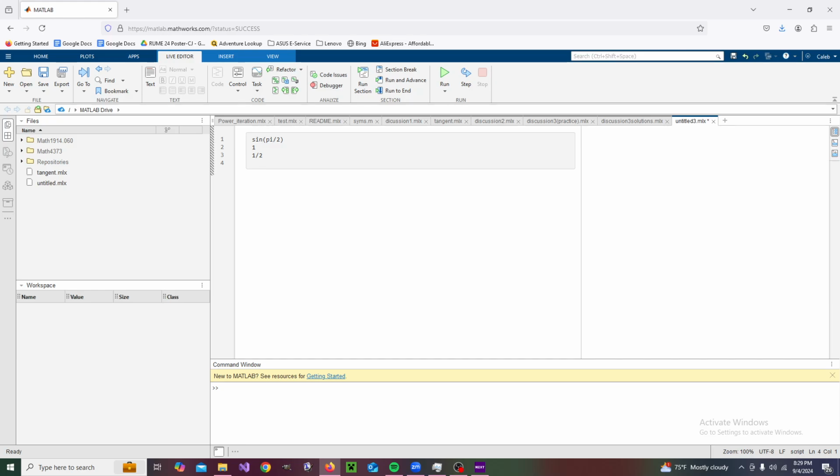Type some other stuff in, hit enter. Now, in this MATLAB environment, these lines of code, instead of you doing one line at a time, you're kind of giving it all the instructions at once. You're saying, do line 1, and then do line 2, and then do line 3.